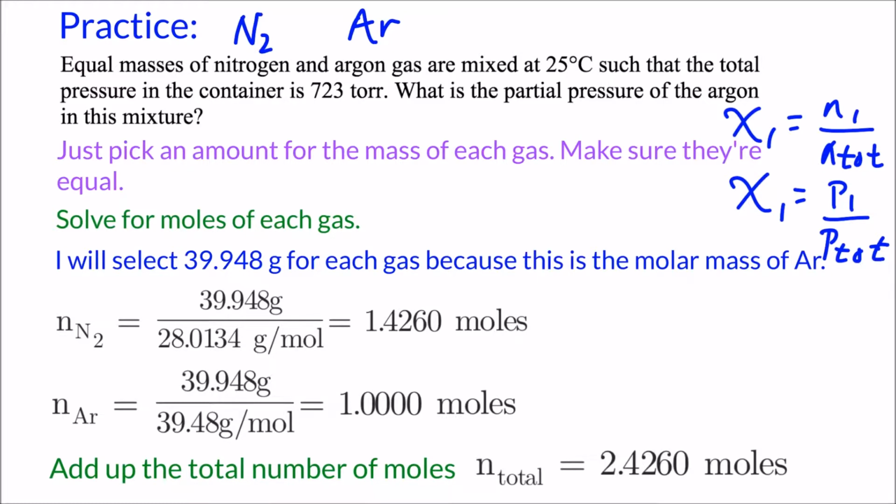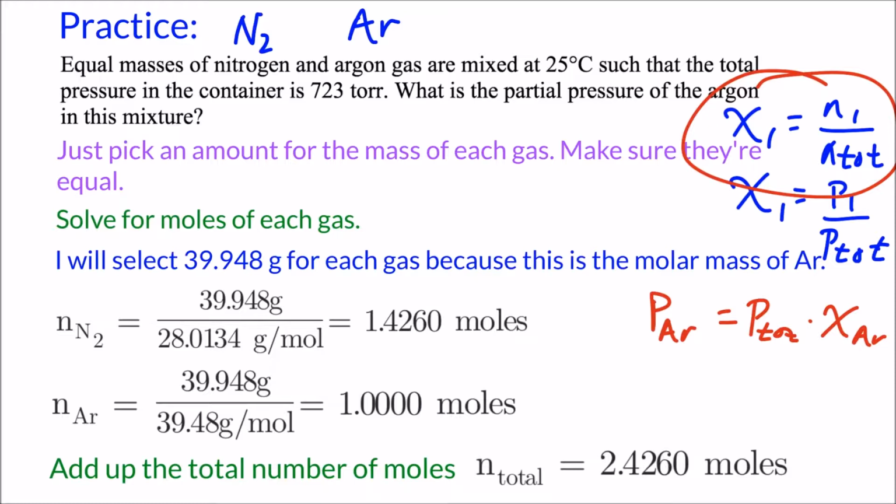We would multiply by the total pressure on both sides of the equal sign, and so the partial pressure of argon is equal to the total pressure of the sample times the mole fraction of argon. And remember, we're getting that mole fraction from this top formula: the individual moles of argon divided by the total number of moles in the sample.